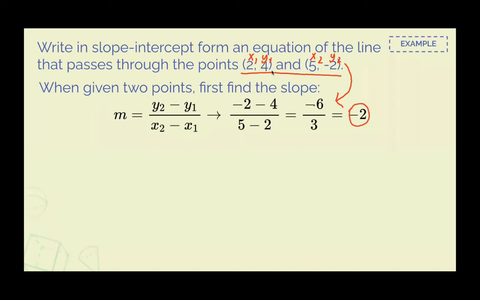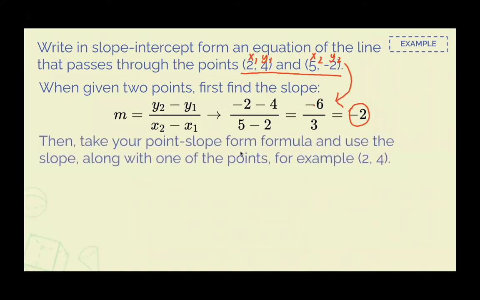Now that you have your slope, you can plug this into the point slope formula. You're going to take one of the points to plug into point slope form. So for point slope form, you really only need one ordered pair. So go ahead and choose whichever you would like, (2, 4) or (5, -2). It doesn't matter, you'll still get the same result. I'll go ahead and do (2, 4) for this example.